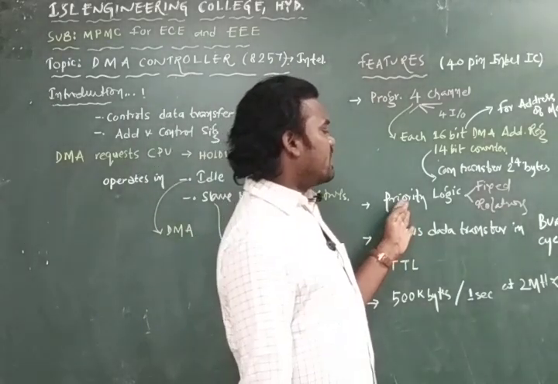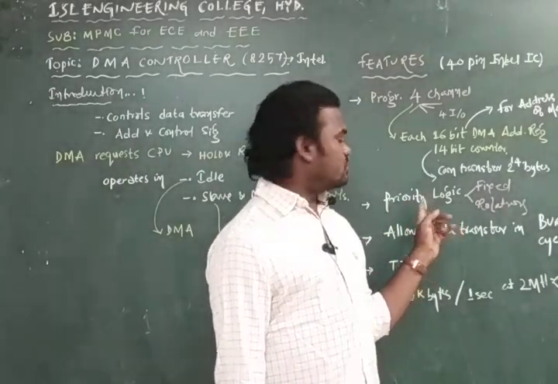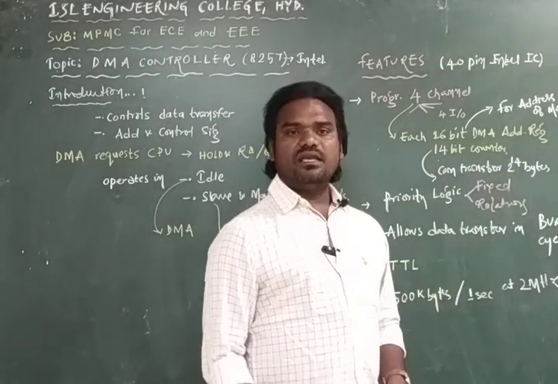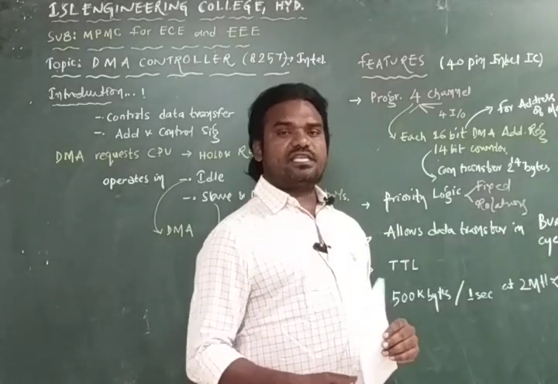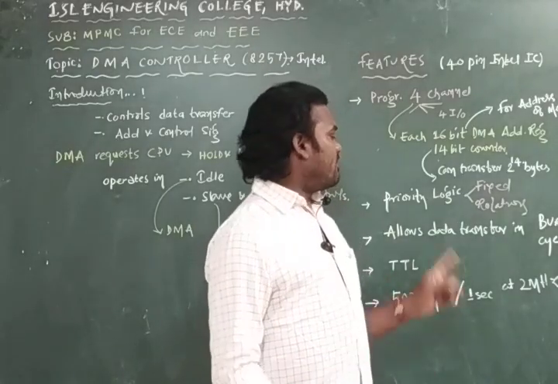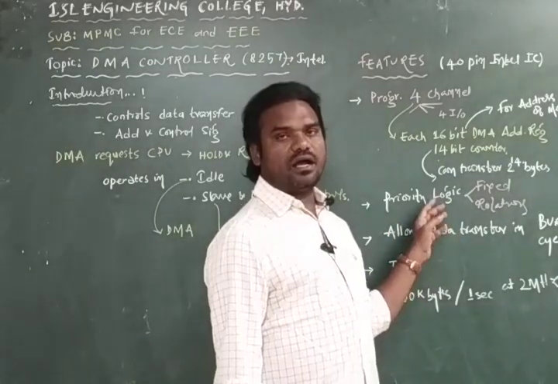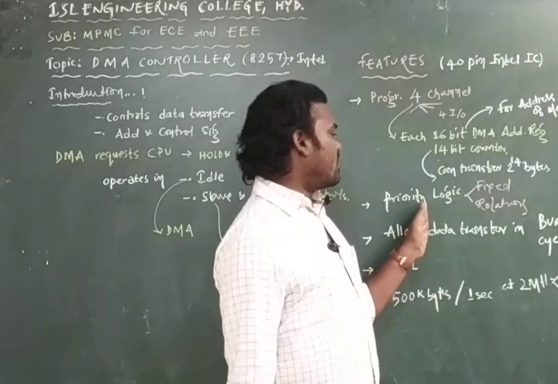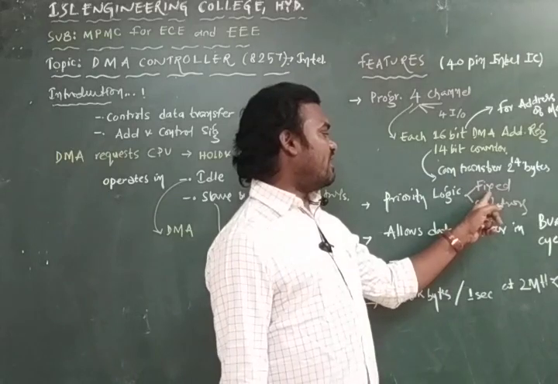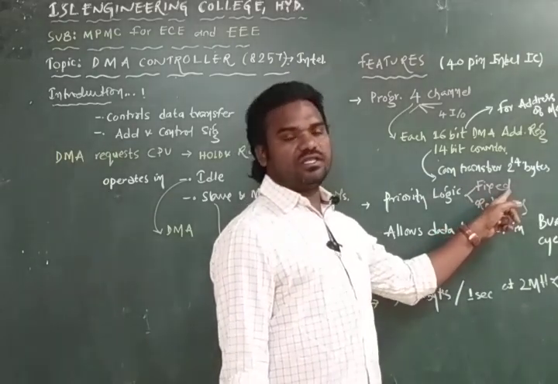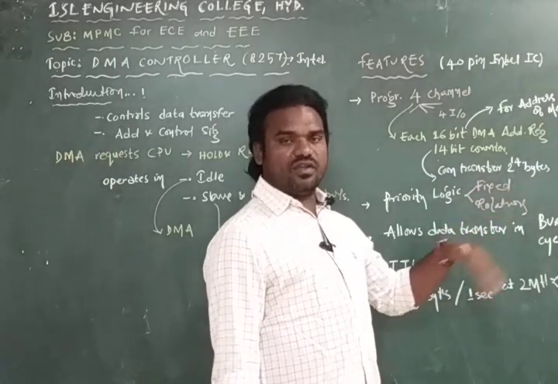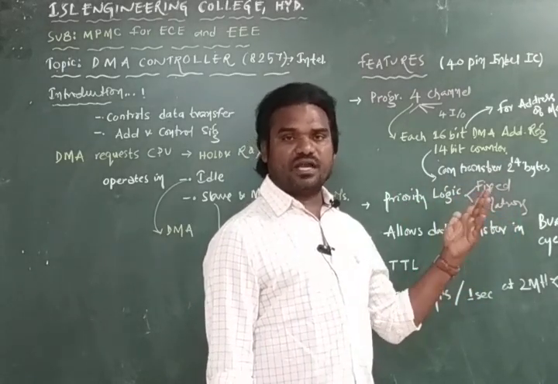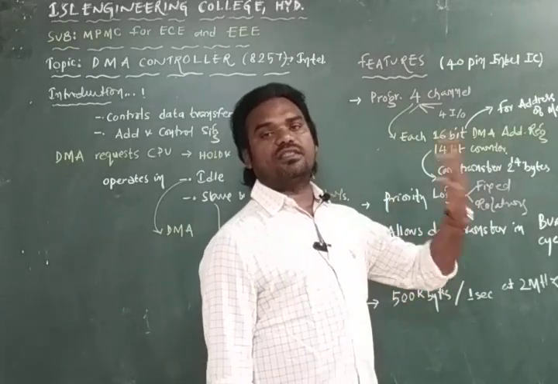Then it can be operated with two conditions, that is by making use of the priority logic, because 4 input output devices can be interfaced at a time, so based on the priority logic one can be served at a time. That means what? If you have the fixed logic, then once we complete the transfer of data for one input output device, only then it looks after the other one.